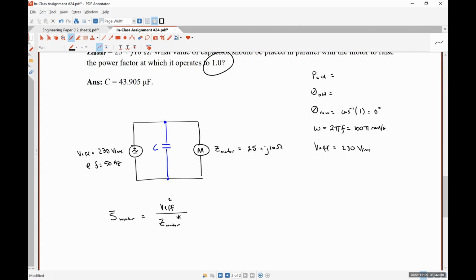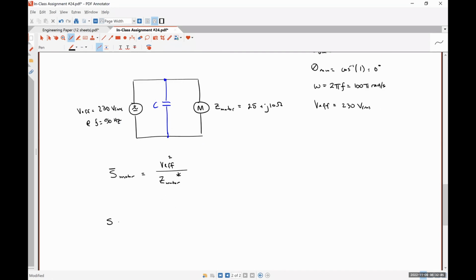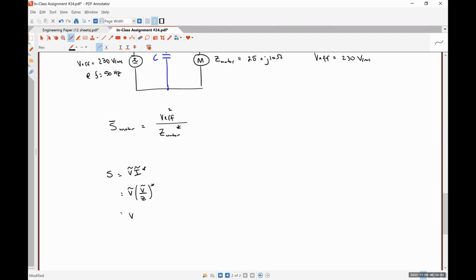Because we want the RMS voltage drop across the motor, which is V effective squared, and then we are dividing by the conjugate of the impedance, because we are utilizing the relationship S is equal to V times I conjugate, where I conjugate can be written as V over Z conjugate, which is the same as V conjugate V over Z conjugate, where V conjugate V is the magnitude squared.